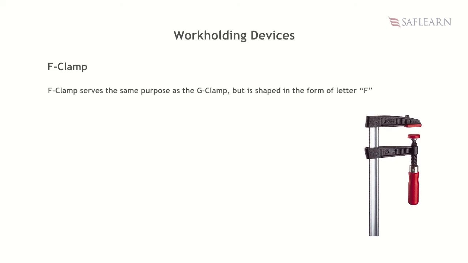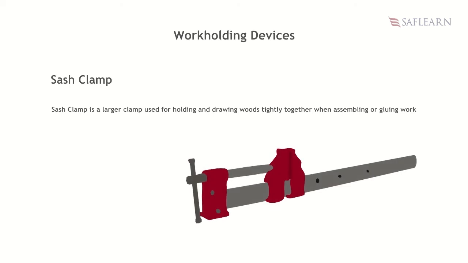F clamp serves the same purpose as the G clamp, but is shaped in the form of letter F. Sash clamp is a larger clamp used for holding and drawing woods tightly together when assembling or gluing work.